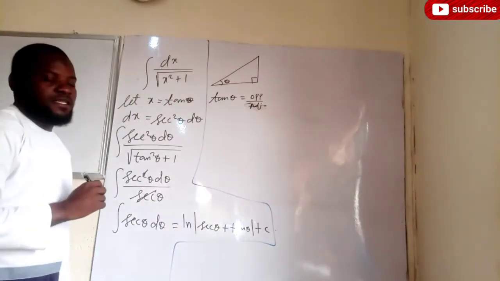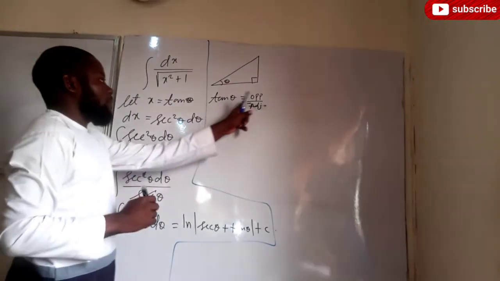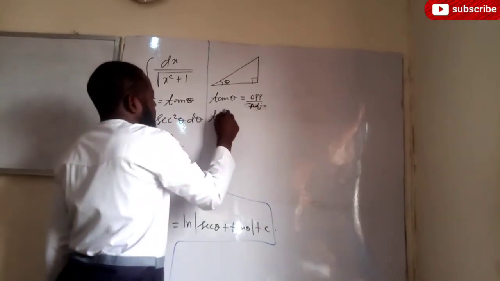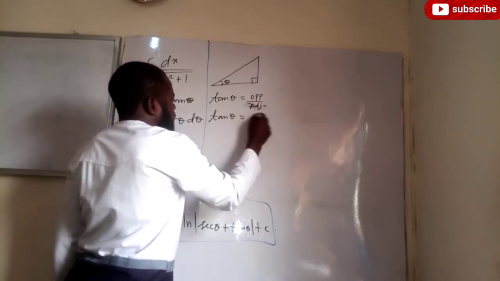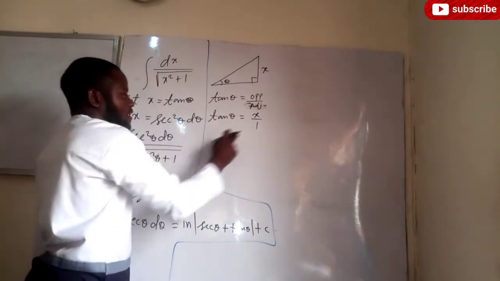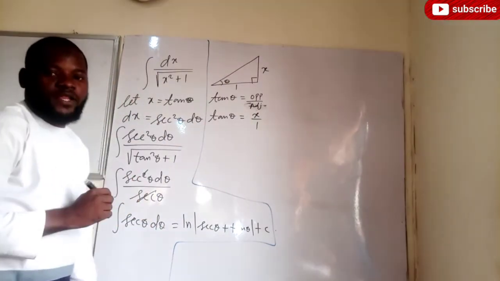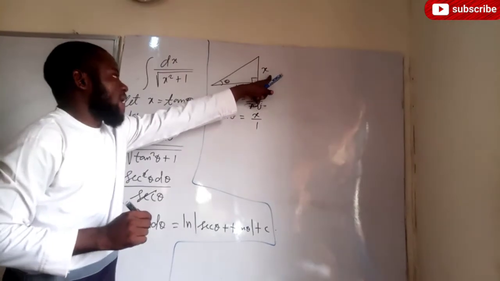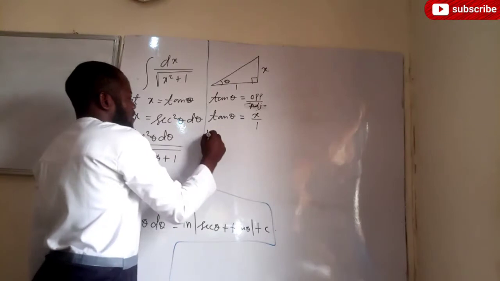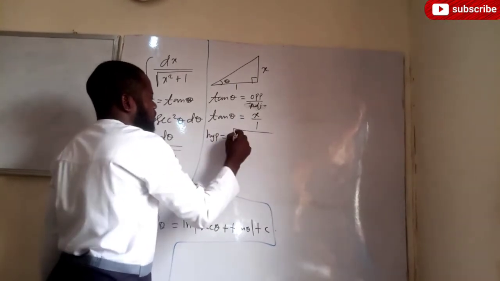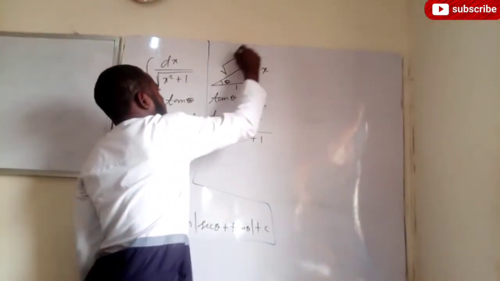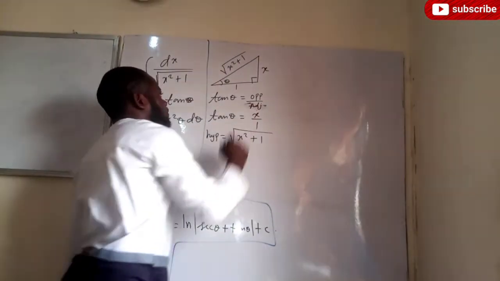So if opposite over adjacent is equivalent to x, then tangent of theta is x over 1. So our opposite is x, and our adjacent is 1. What will be our hypotenuse? The hypotenuse equals the square root of x squared plus 1.